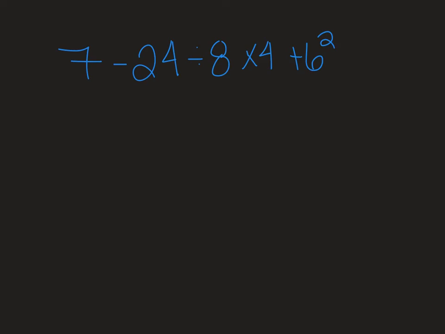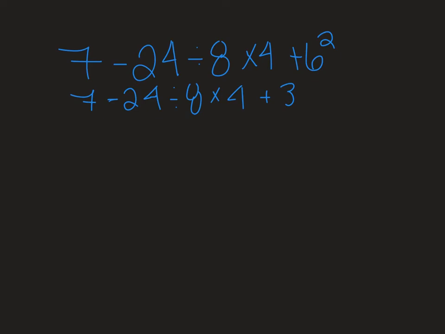So you're going to do 6 squared is 36. So I'm just going to go ahead and bring down that other stuff. And then we need to do multiplication, division as it comes left to right.